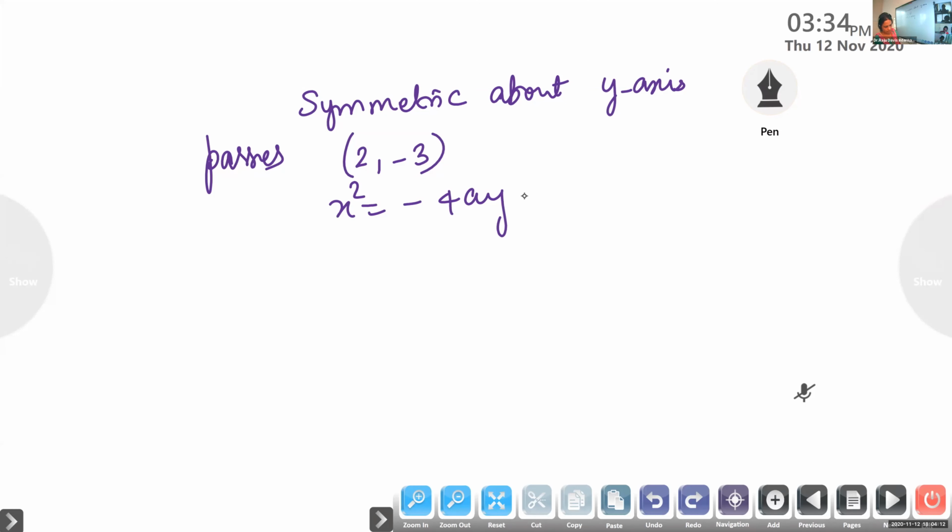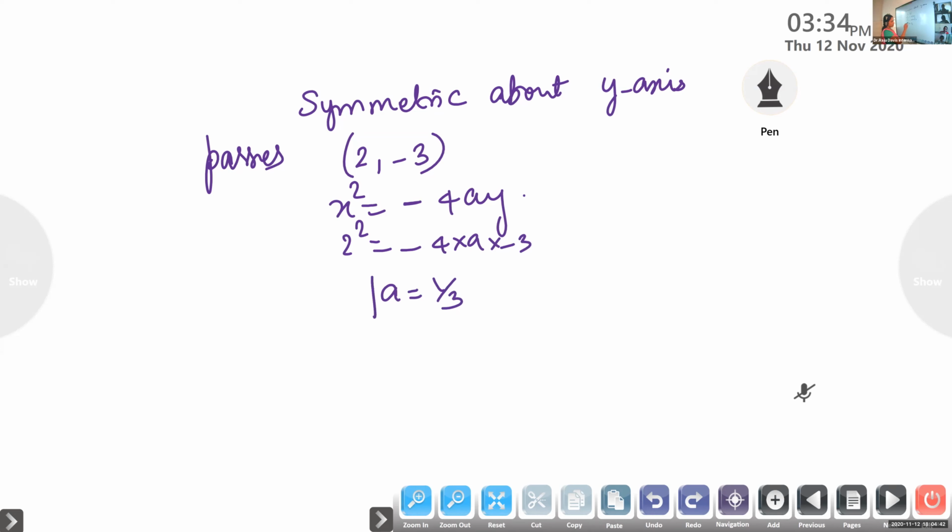So what is the answer, Nandana? A is equal to minus 1 by 3. Punya, what is the answer you got? A is 1 by 3 you will get, isn't it? Here one more minus is there. When you substitute it, 2 squared is equal to minus 4 into a into minus 3. So a is 1 by 3.